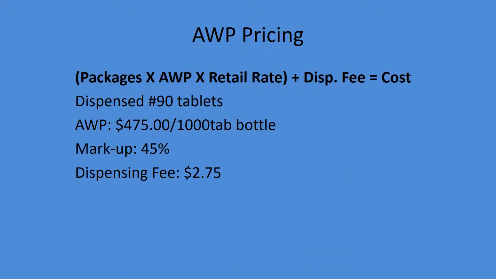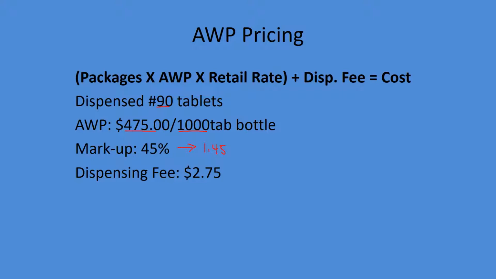Okay, let's try this example. The first thing is to find packages. It's 90 out of 1,000 this time. Multiply by the average wholesale price, in this case $4.75. The markup is 45%, so the retail rate would be 145%.